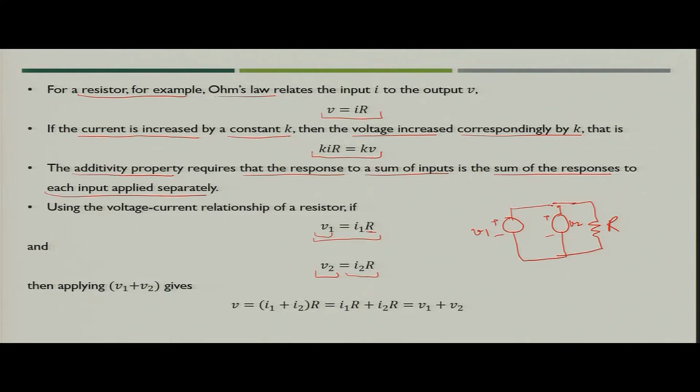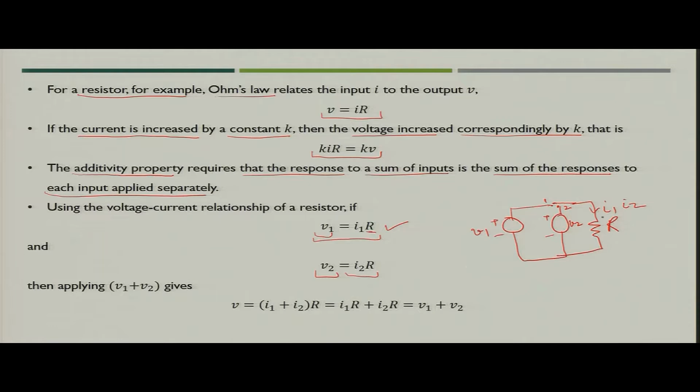Now when it is connected to V1, you will have some current I1 flowing through it, and V1 will be across it, so V1 equals I1 into R. After getting this value, if you switch over from point 1 to point 2, it means that now it is connected to voltage V2, and say this current is now I2.